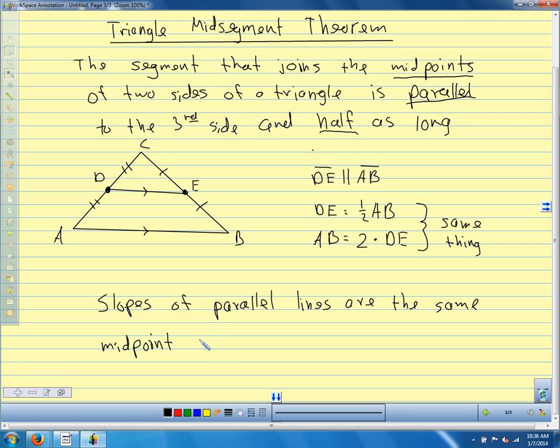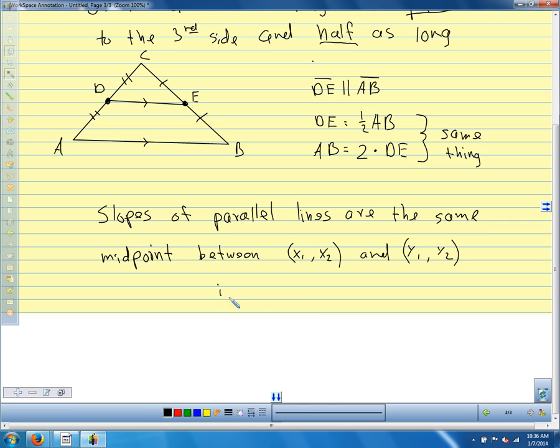To find the midpoint between 2 points, I just wanted to remind us of our midpoint formula. Do you remember how to find our midpoint?